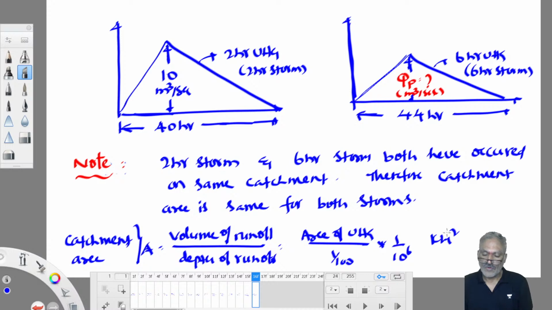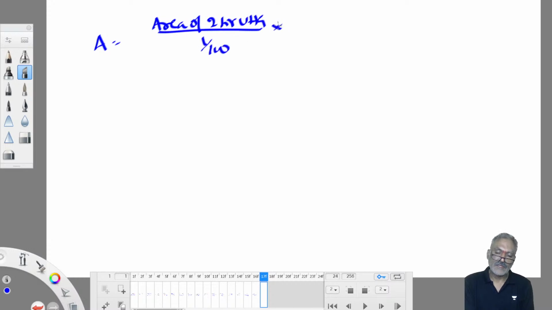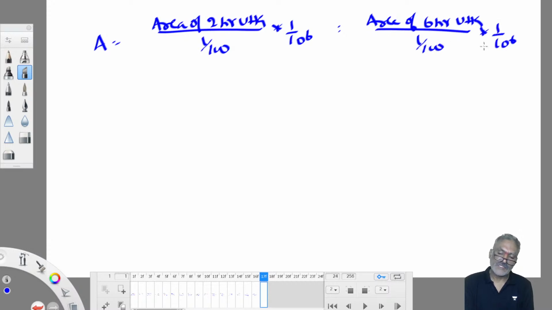So catchment area A is equal to the area of the 2-hour unit hydrograph by 1 by 100 into 1 by 10 power 6 kilometer square, which is also equal to the area of the 6-hour unit hydrograph by 1 by 100 into 1 by 10 power 6 kilometer square.